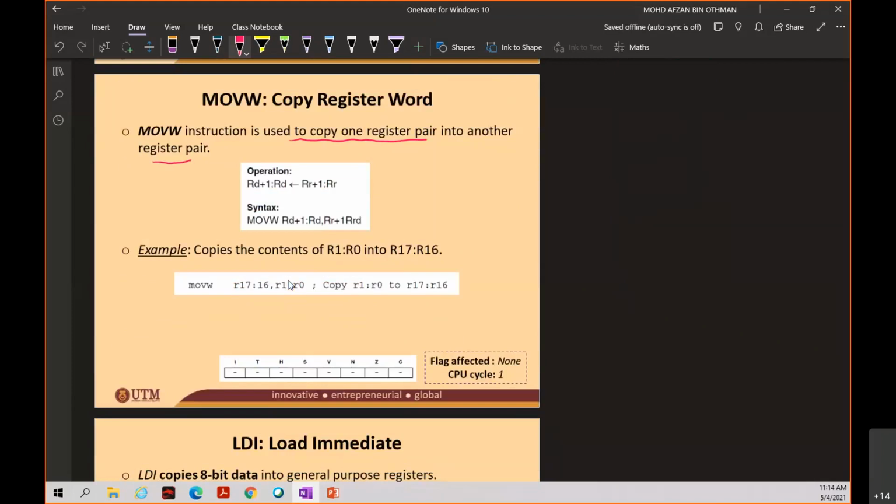So recall that 1 byte is equal to 8 bits, and 2 bytes is equal to 16 bits, which we can call 1 word. Because now you're going to copy 16-bit data from a pair of registers and put it to another pair of registers.